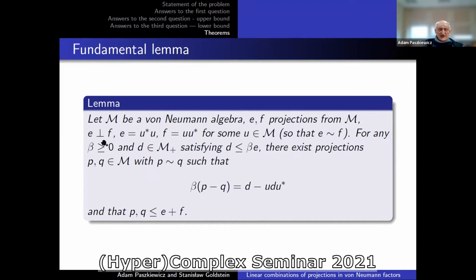So if the two projections are orthogonal and connected by some dynamics of this quantum system described by the Hilbert space, then for any operator dominated by beta times one projection, we can express a projection D, and a mirror reflection of these projections put in the orthogonal part of the space, by a difference of two projections.